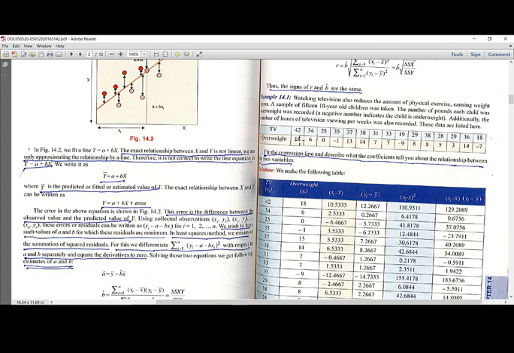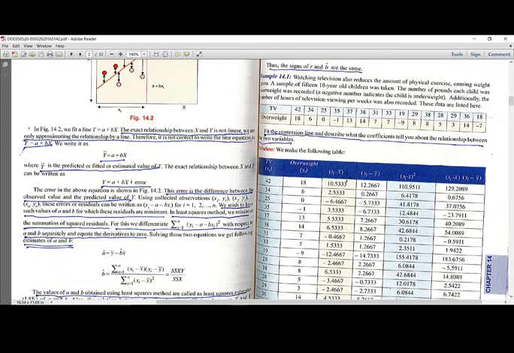So here the overweight is 18 pounds, here 6 pounds, 0 pounds, and here -1 means it is actually underweight, and overweight is 13 pounds, 14 pounds, and here underweight is 9 pounds, here underweight is 7 pounds. What we have to do is fit the regression line and describe what the coefficients tell you about the relationship between the two variables. Now we make this table.